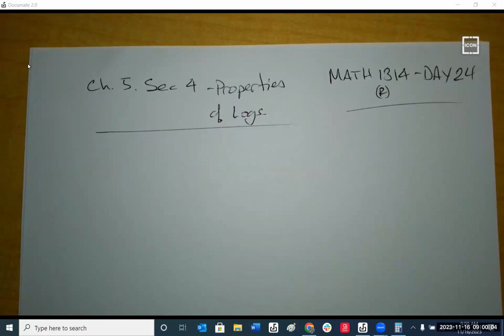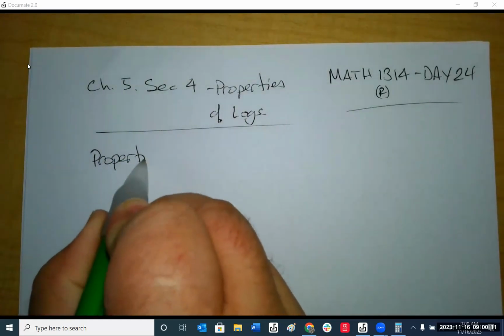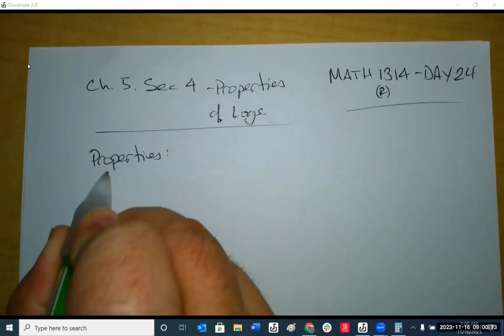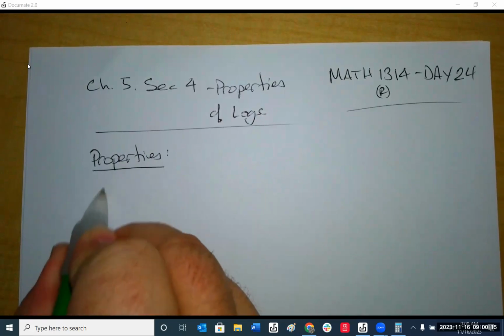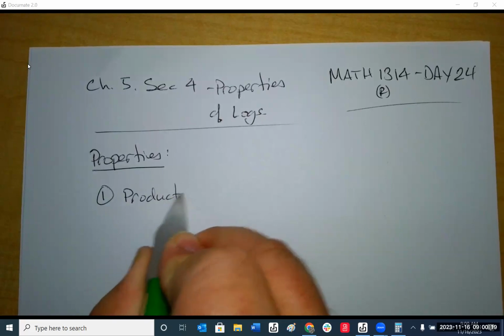I'm just going to go through all the properties first, and then we'll do the examples. The first one is called the product rule.